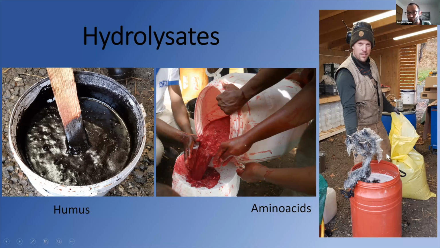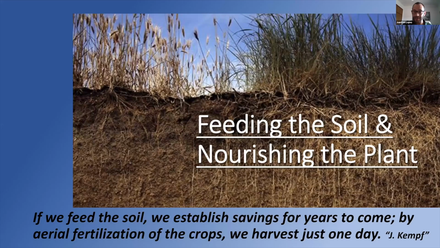Or another source, for example, is the fleece or wool from the livestock. This is pure protein. So the only thing that we have to do is allow and encourage that breaking down. And then we can have a natural source of amino acids. The approach of this regenerative or preventive agriculture is to feed the soil. In the meantime, you nourish the plant.